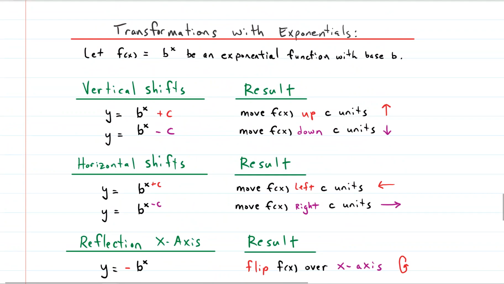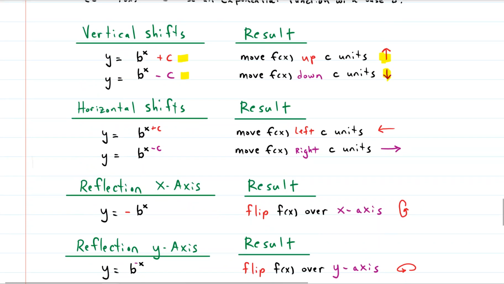Let's talk about transformations with exponential functions. I have videos that talk about transformations of a lot of other graphs, and you can check those out on my Algebra playlist. But this specifically talks about the exponentials. So we have vertical shifts. If we add or subtract a constant outside the function, then we move either up or down, depending on the sign of the constant.